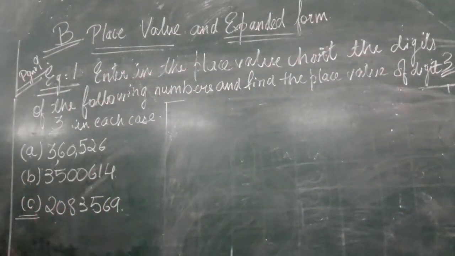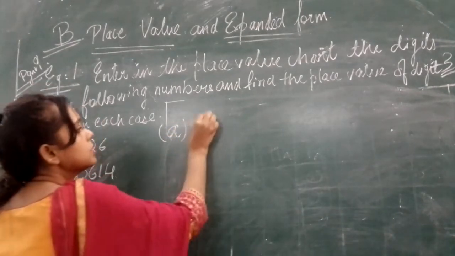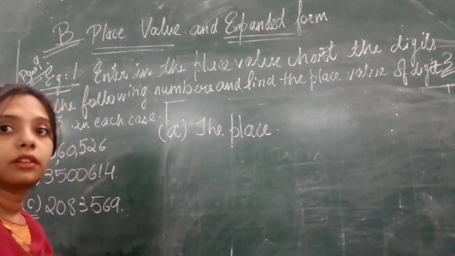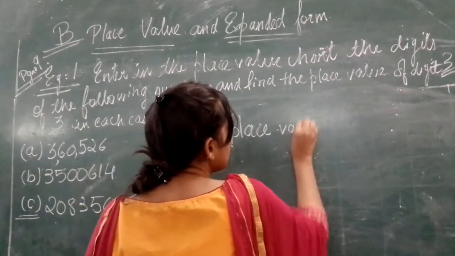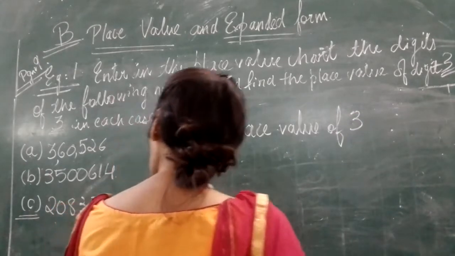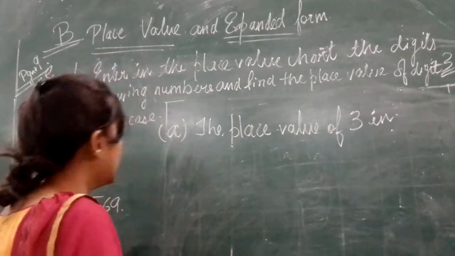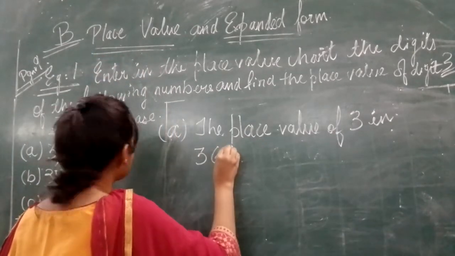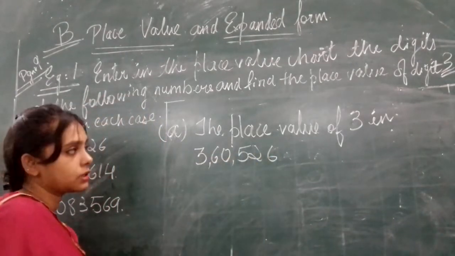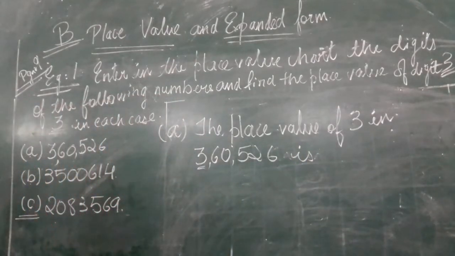Okay, so I will erase this. Now, A. The place value of 3 in, you will write the whole number, 3,60,526. Okay, you put the commas also. Is what? 3 lakhs?